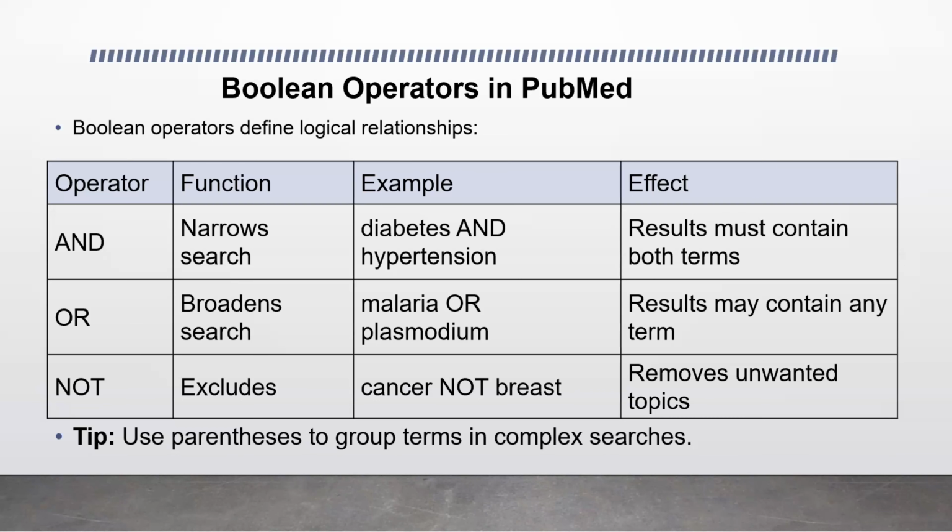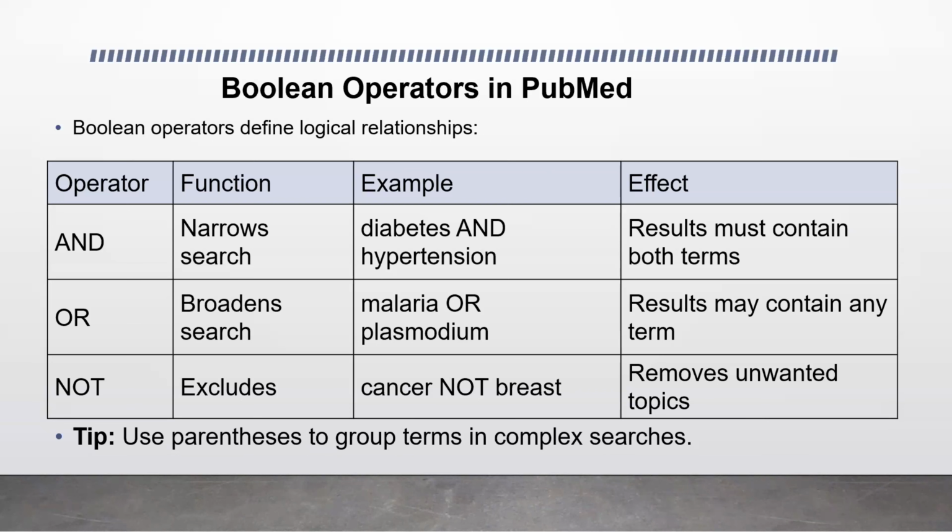So you can combine search terms under a single concept by using the Boolean operator OR. But this one broadens the search. As you add more search terms under a single concept, you are broadening your search, and results may contain any of the terms, like malaria or plasmodium.